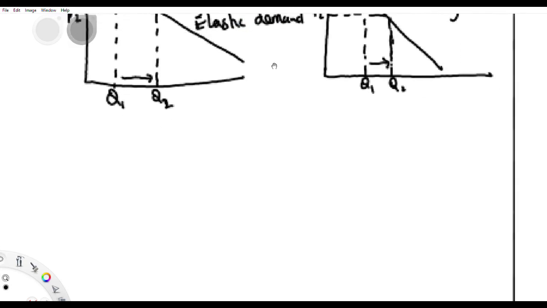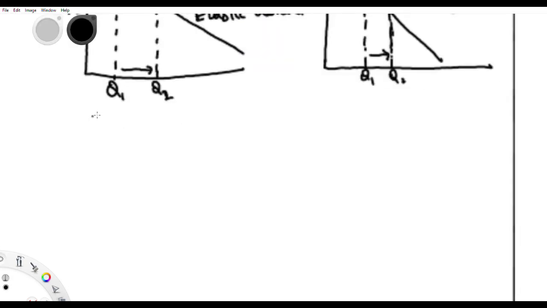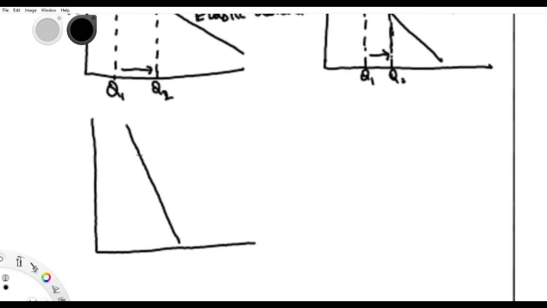Now let's go to the inelastic demand. For inelastic demand, a little change in price leads to a much smaller change in quantity demanded. For this one, the slope will be very steep, almost standing. So now this is price 1, and this is price 2.